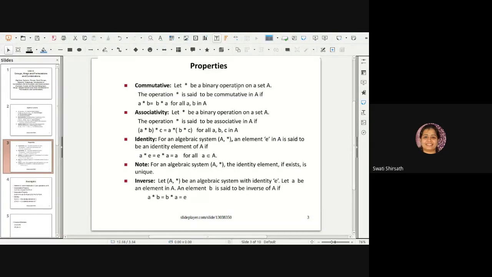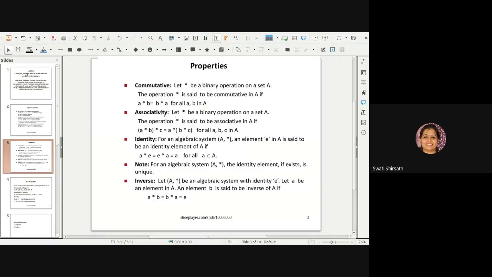Let star be an operation on set A, and the operation star is said to be commutative if A star B is equal to B star A for all A, B in capital A. So this commutative property should be satisfied by all elements of capital A. It should not be that only a few elements satisfy this property. It should be satisfied by all elements of A.